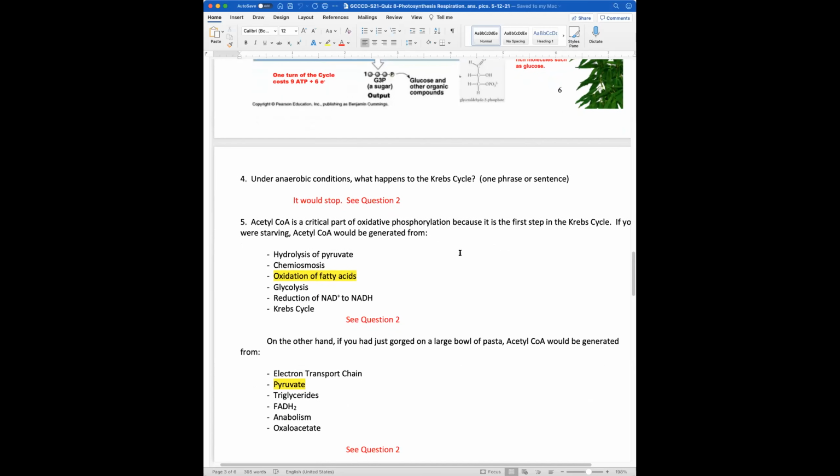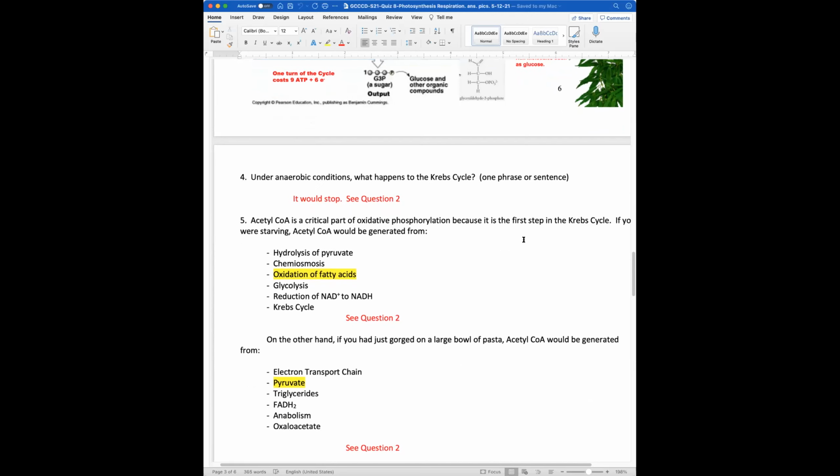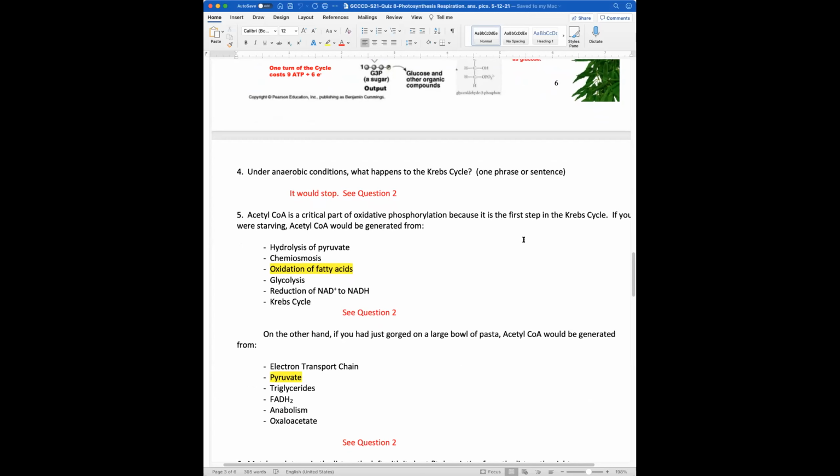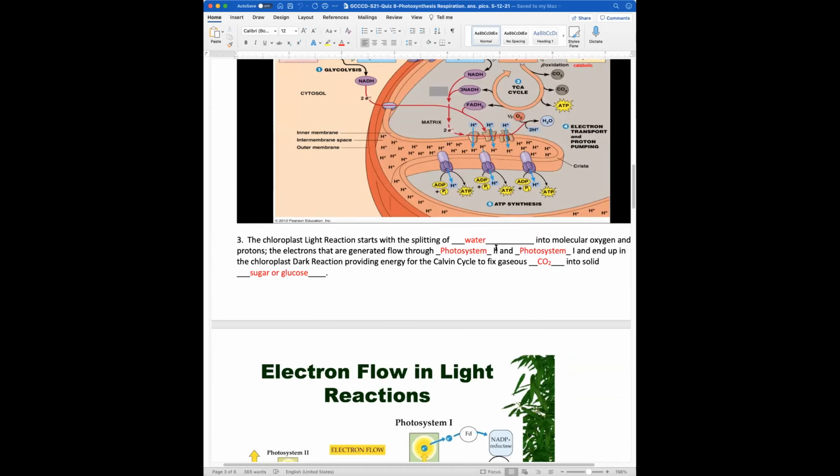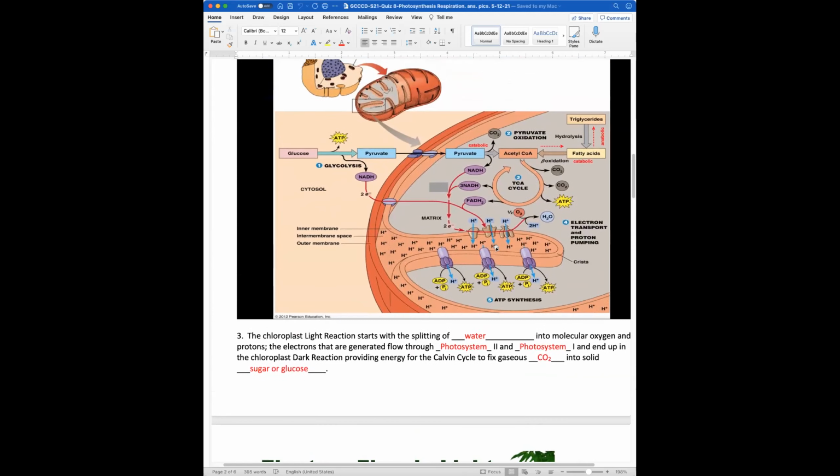Okay, then number 5. Acetyl-CoA is a critical part of oxidative phosphorylation because it is the first step of the Krebs cycle. If you were starving, acetyl-CoA would be generated from what? And the answer is from the oxidation of fatty acids. Again, if we go back to that same figure, it shows you the answer.